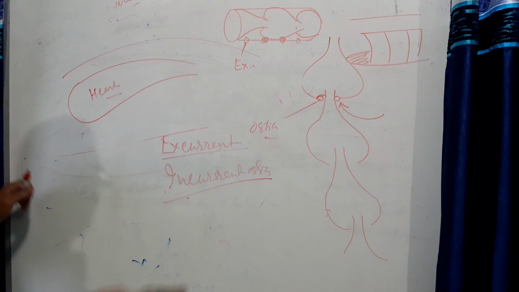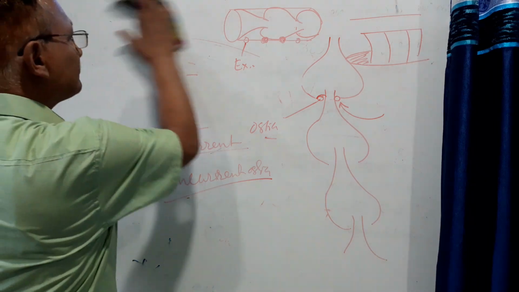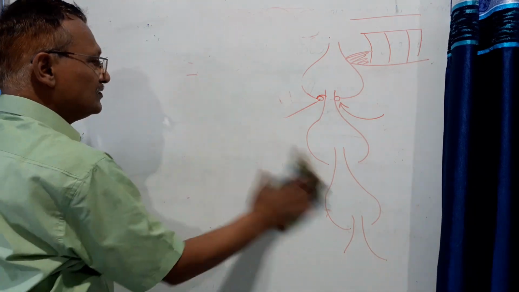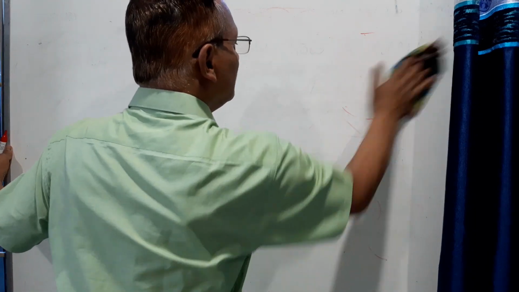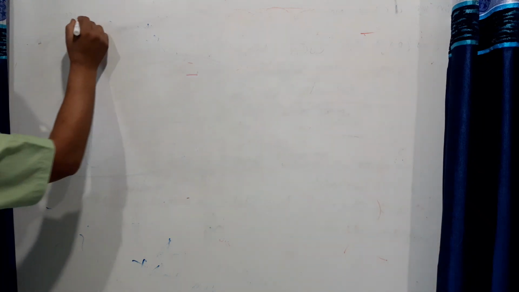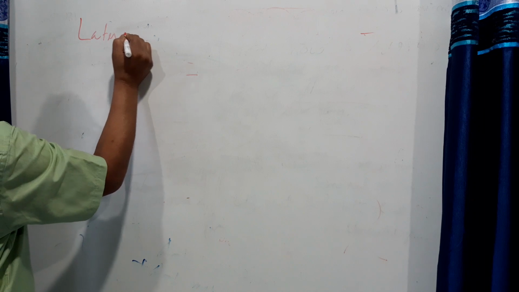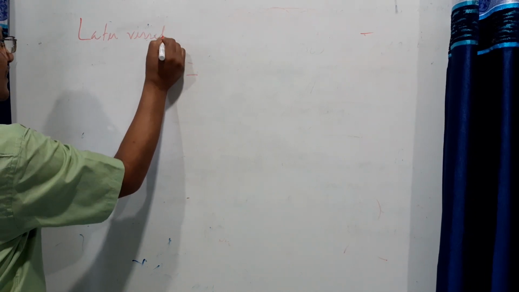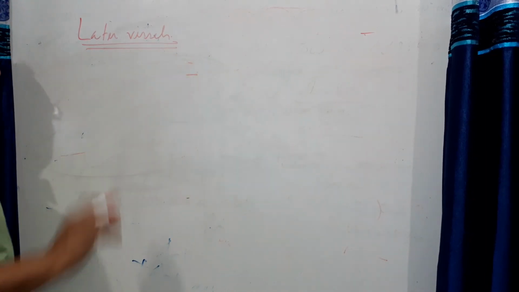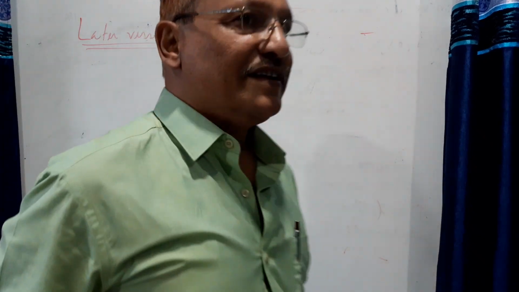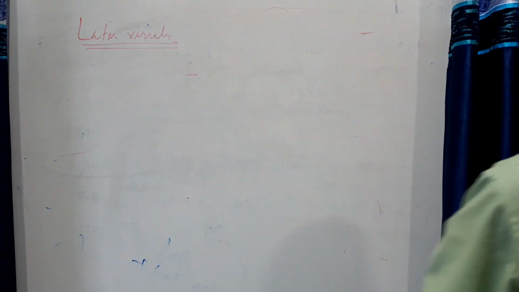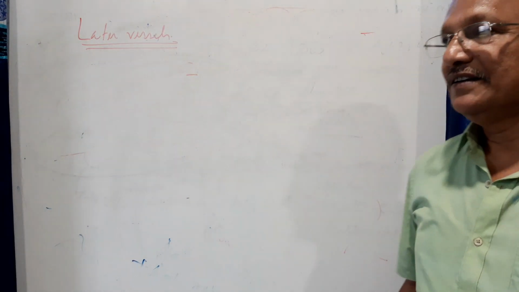So next is lateral vessels. In some insects, the heart bears lateral vessels, and these lateral vessels arise from the excurrent ostia.